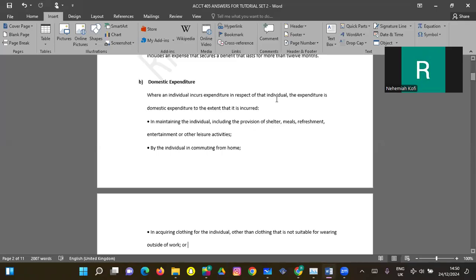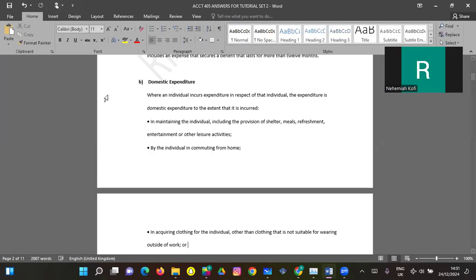So when you make any expenses relating to yourself, the expenditure is domestic expenditure to the extent that it's incurred in maintaining the individual, including provision of shelter, meals, refreshment, entertainment, or other leisure activity.